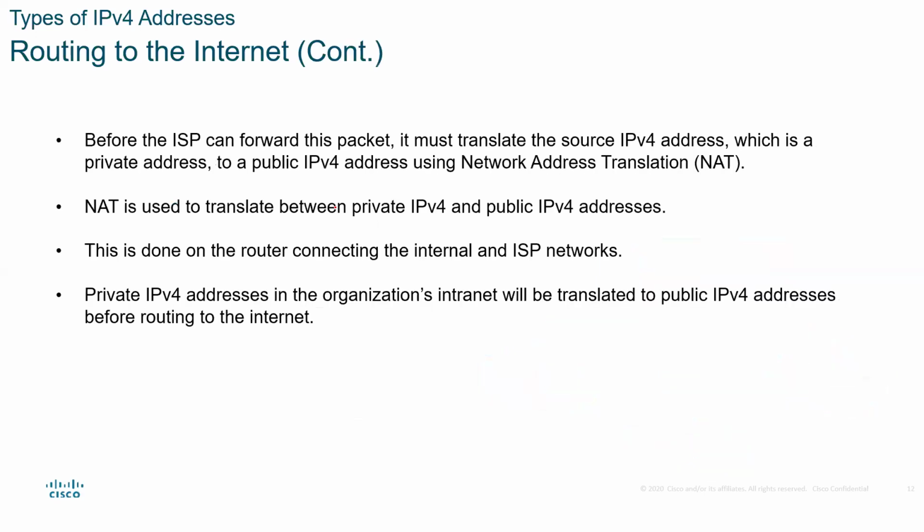Before ISPs can forward a packet, it must translate the source IP address, which is a private IP address, to a public IPv4 address using what we call network address translation. So NAT is used to translate between public and private IPv4 addresses.